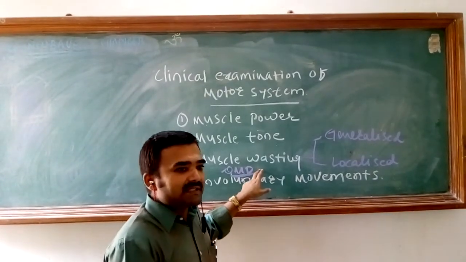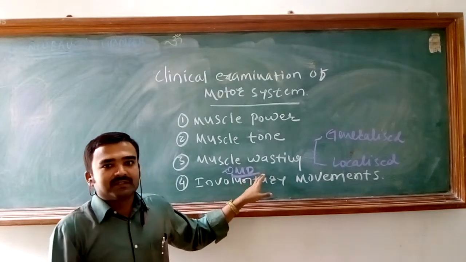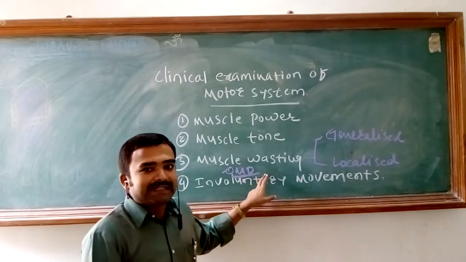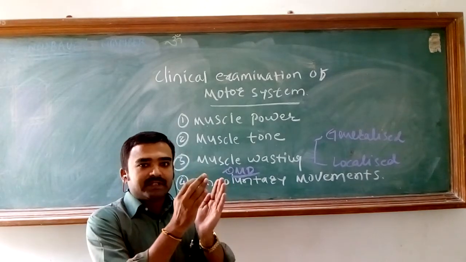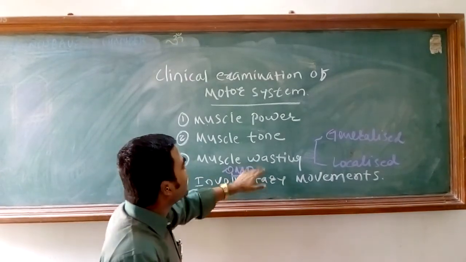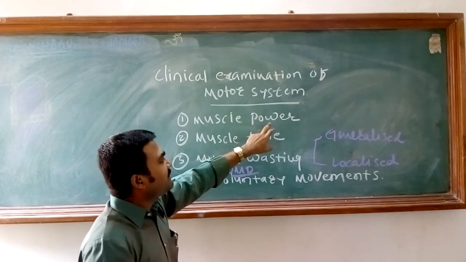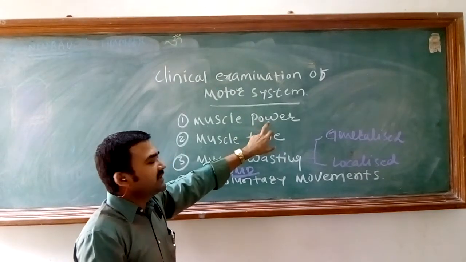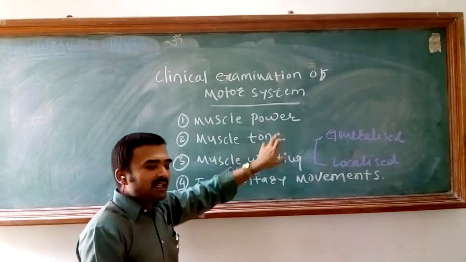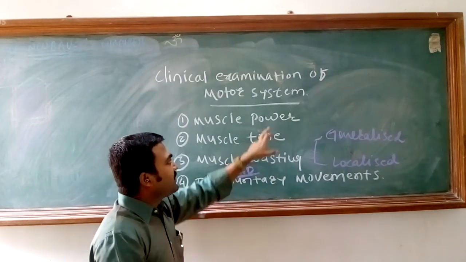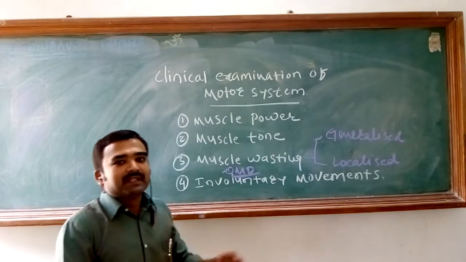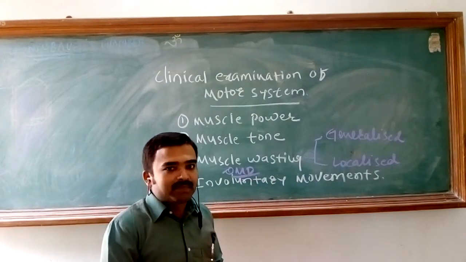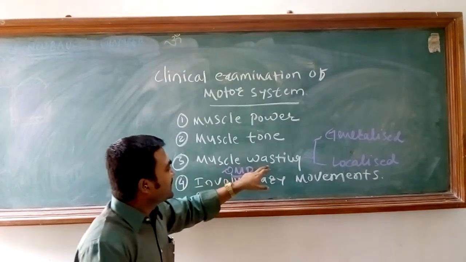Even though the person is not using that particular group of muscles, on examination the muscle will appear hypertrophied. But when we look for the presence or absence of power and weakness in that muscle, we will find that the weakness is greater than what the mass of the muscle would suggest. So that is about muscular wasting.